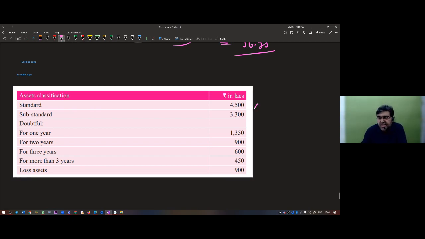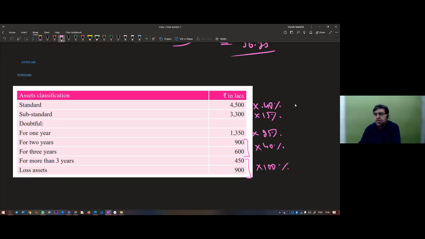On standard assets, you will create provision of 0.4%. On substandard asset, 15%. Doubtful up to 1 year, 25%. 1 to 3 years, 40%. And 100%. So the answer will be 4,500.